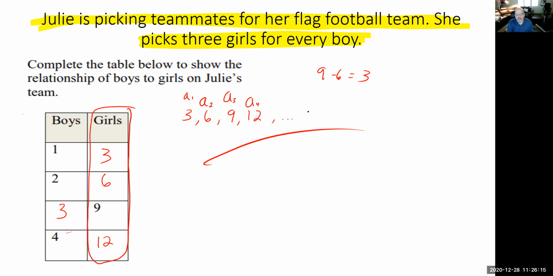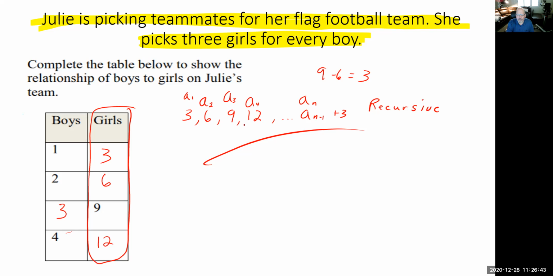And the nth one is the one before that. Like here, the fourth one is the third one plus 3. The nth one is the one before that plus 3. This is called the recursive way to write this, recursive.